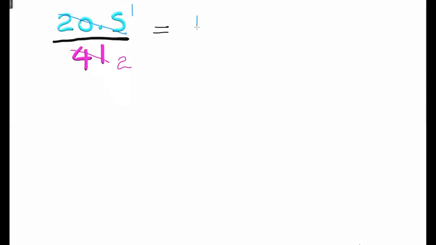So what is it? 1 over 2, or half, which in decimal form is 0.5. So that's going to be the quickest one.